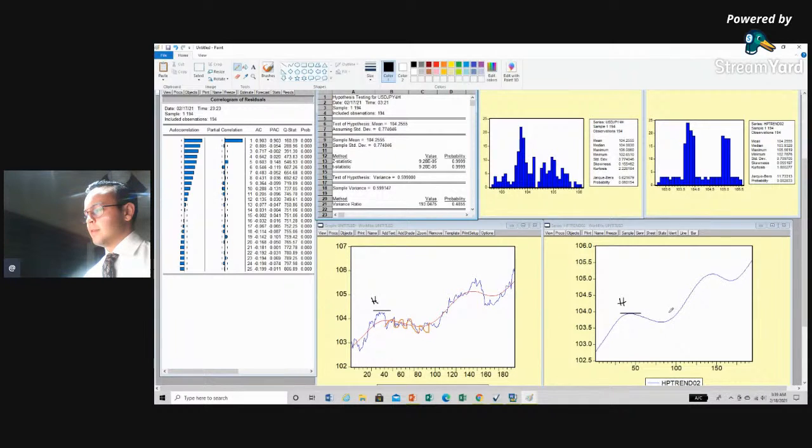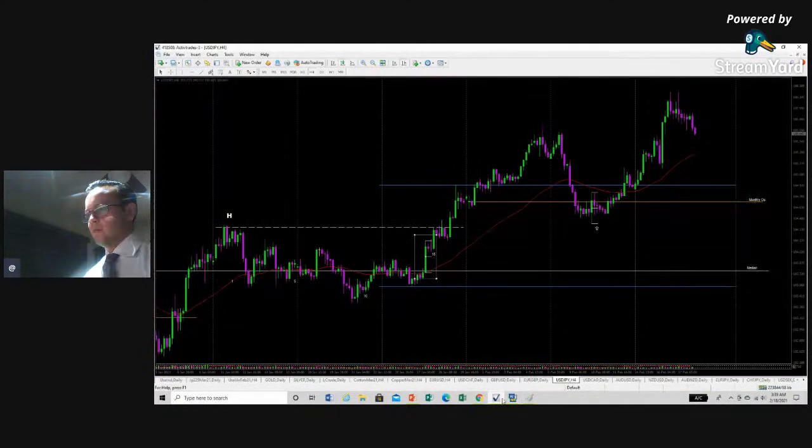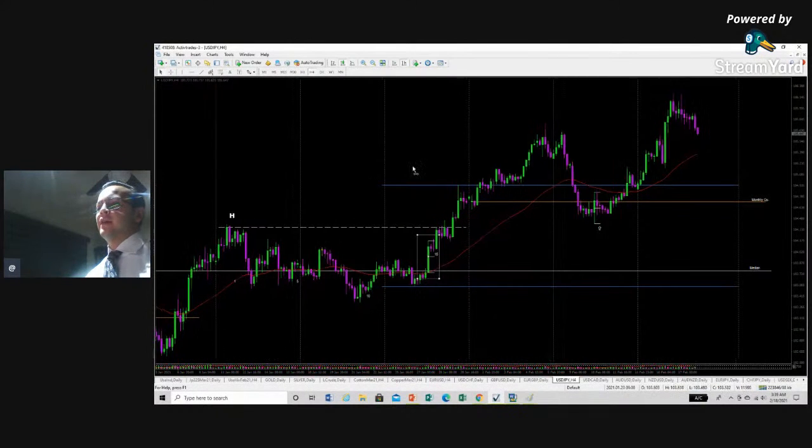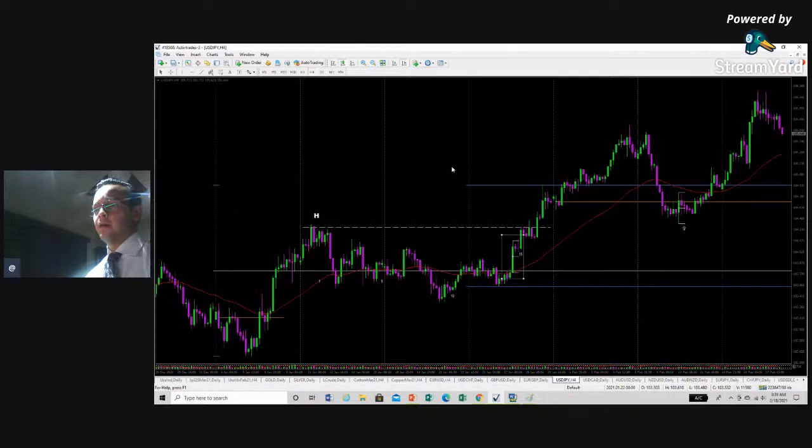Once you have this breakout on the upside, which is right here, you can also identify that on the chart if you're looking at it as a trader behind the screen and not going with automated systems.